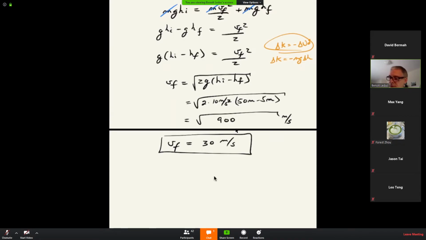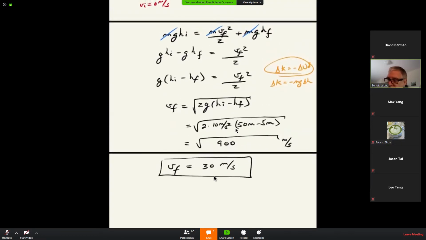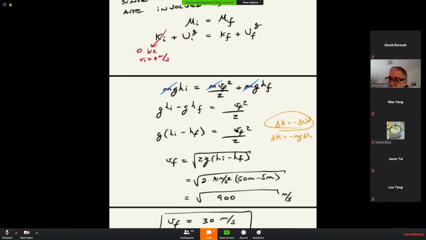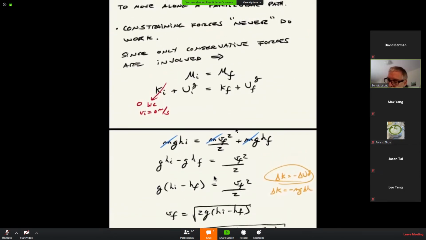Now I want you to appreciate the fact that you could do this problem a lot easier by using conservation of mechanical energy. This is very important for you to see.